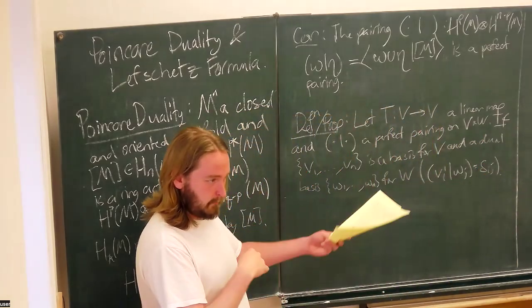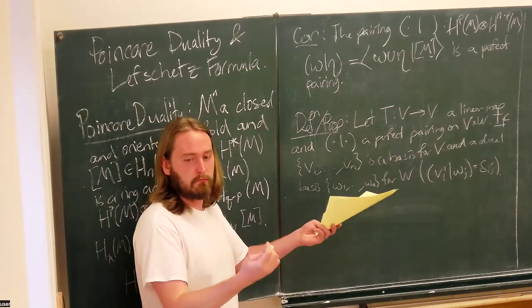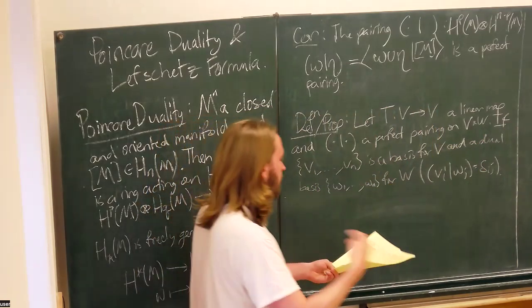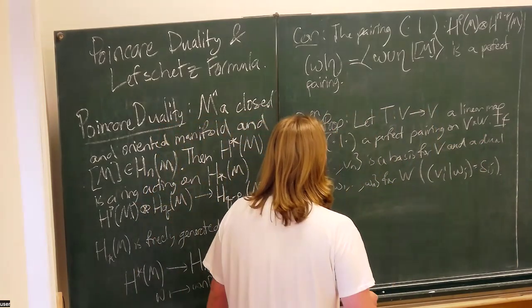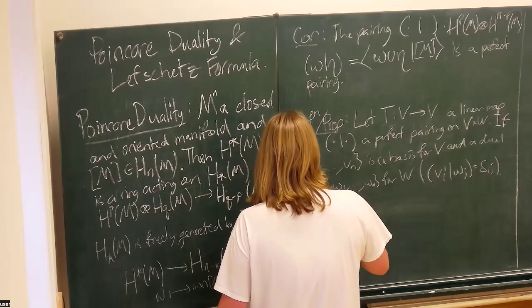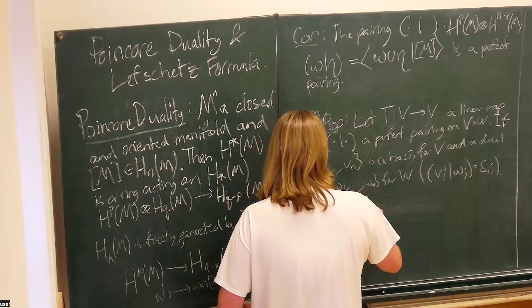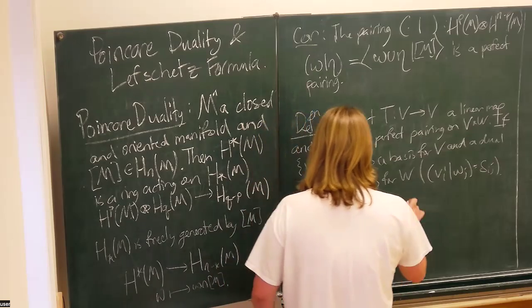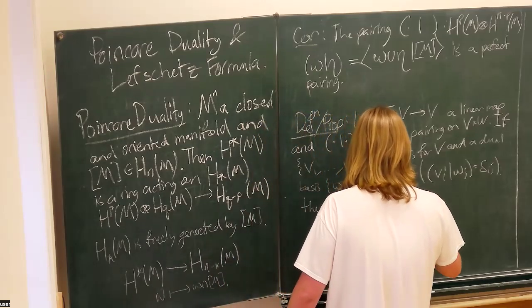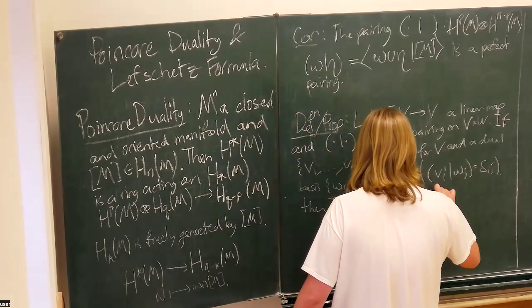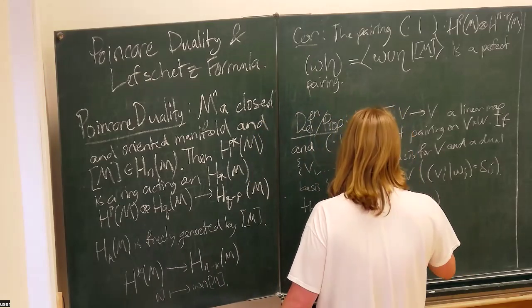And so if you have a basis for one and you have a perfect pairing, you get a natural basis just by evaluating your maps. Then the trace of T is given by the sum over i of the pairing of T e_i with f_i.